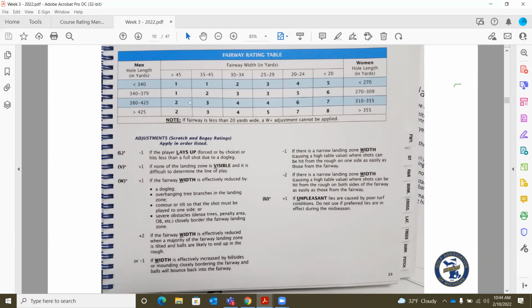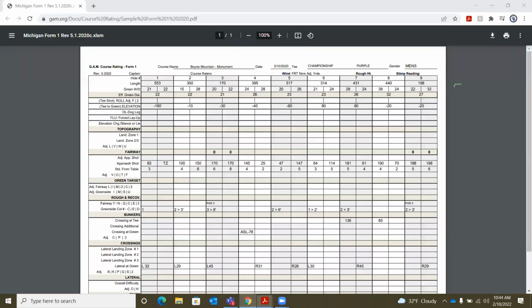So let's just go through a couple of examples on the form 1 here. Let's start with the 2-shot hole. If we have 350 and we measure at 150, we'll start with our bogey player. We measure the fairway to be 27.